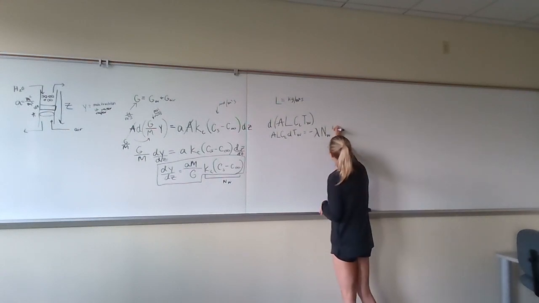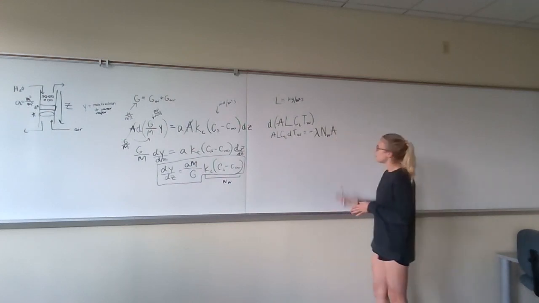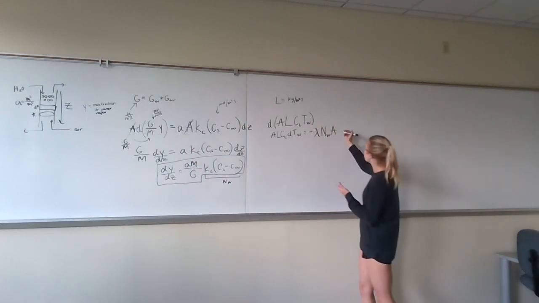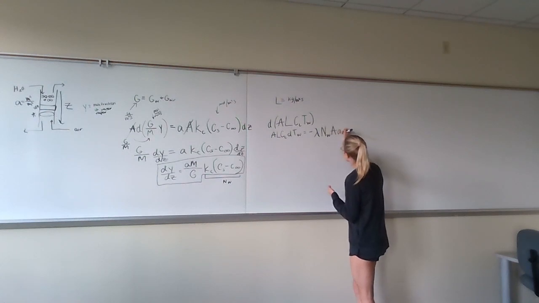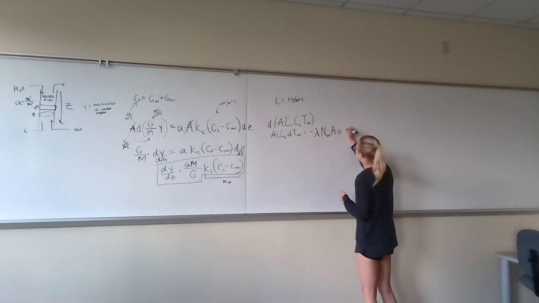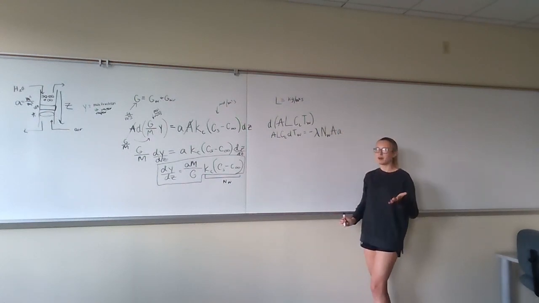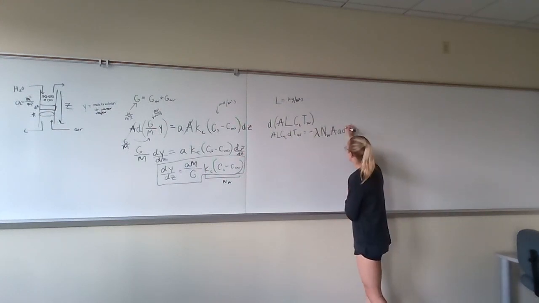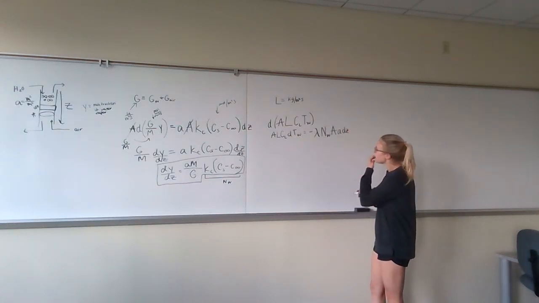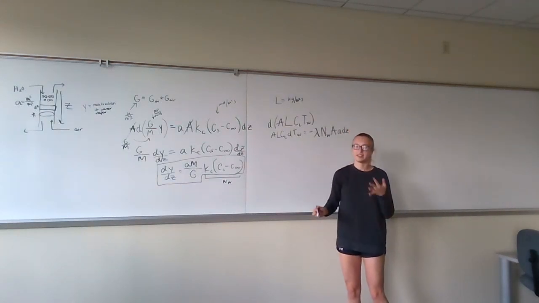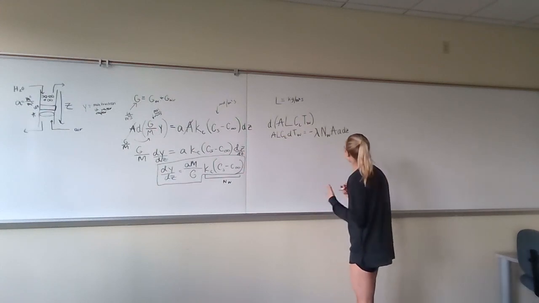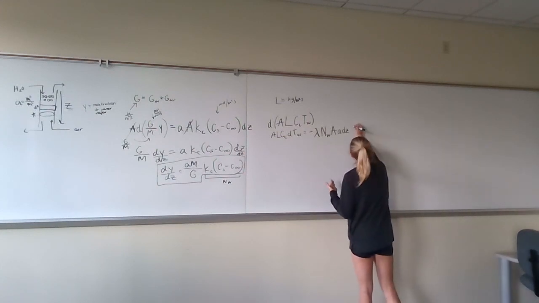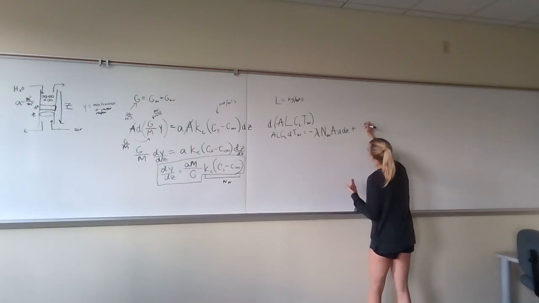And then we'll multiply this by the area of the column, and in order for the area to cancel out, we need to multiply it by the specific surface area. And then after doing that, we need to get the meters cubed in the bottom to cancel out, since we have it per volume. So we'll multiply this by the thickness of the section, which is dz. And this will also help us get everything in terms of position. So now the second component of this is the heat transfer component.